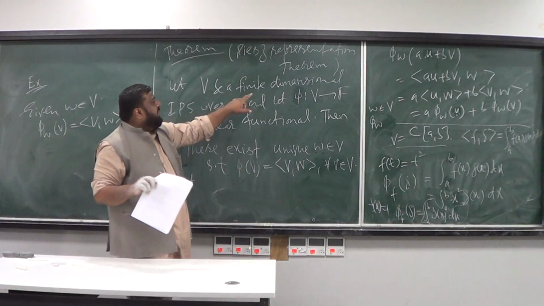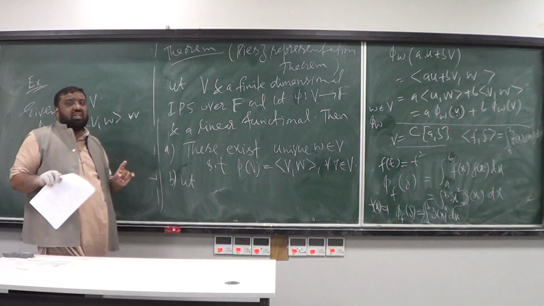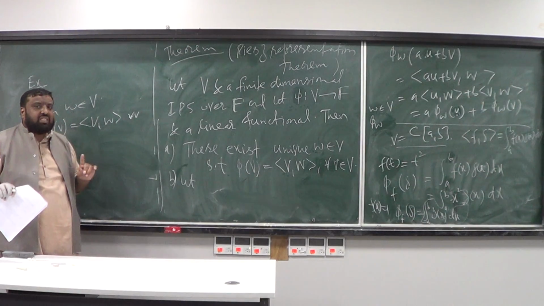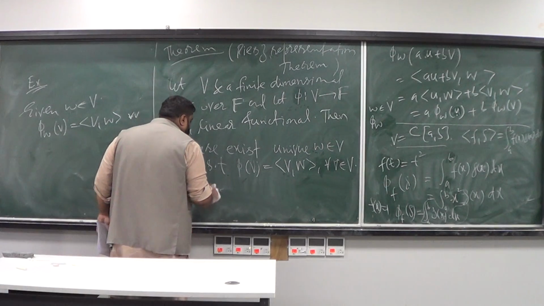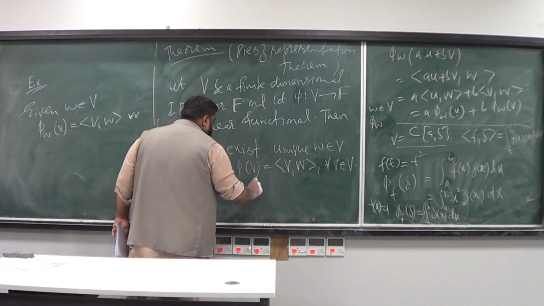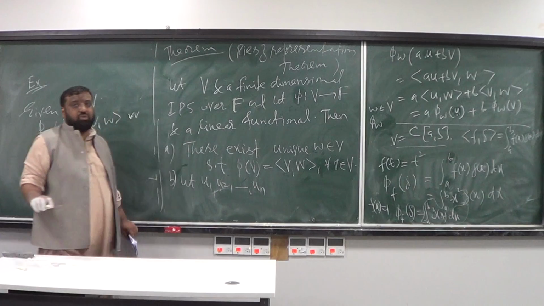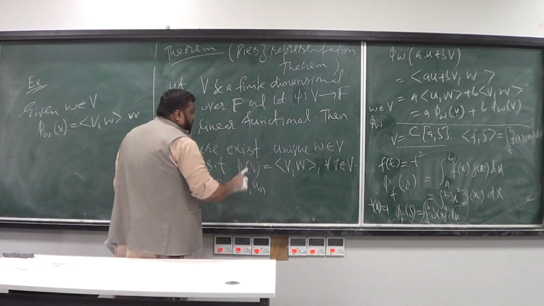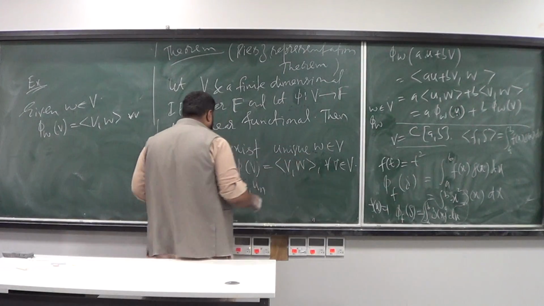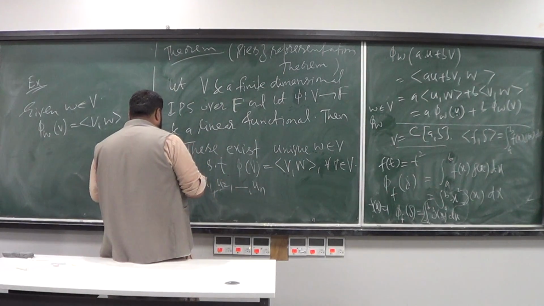V is a finite dimensional inner product space, so we know that it must have an orthonormal basis. So let's assume that that orthonormal basis is u1, u2, up to un. If you have this orthonormal basis, you can construct this w very easily.